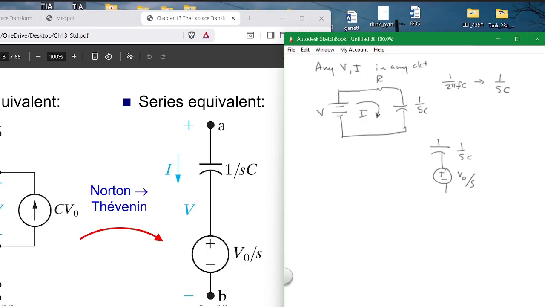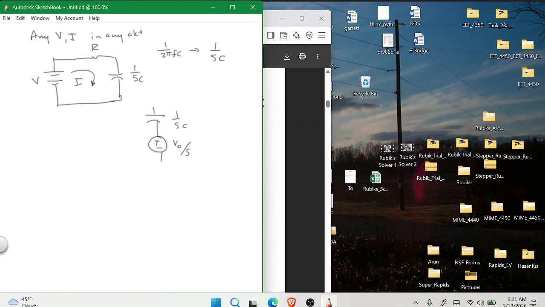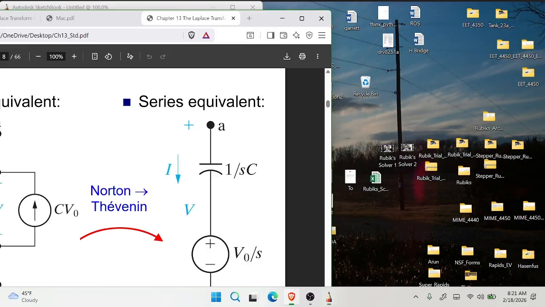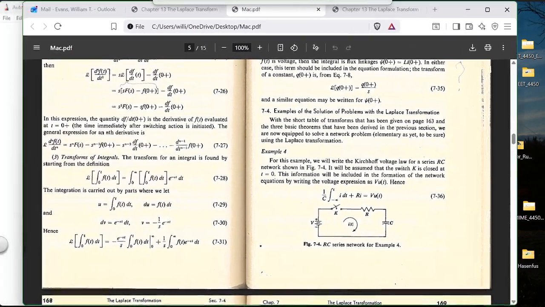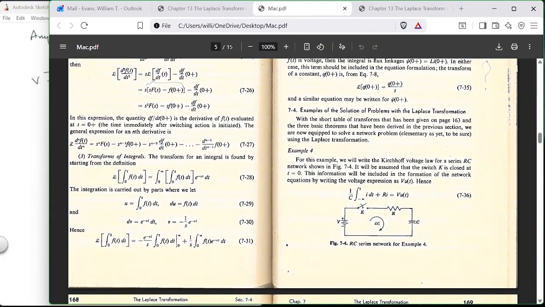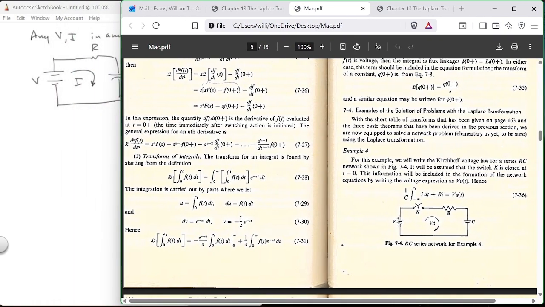If it's not pre-charged, this goes away, all right? So in this case, there is no pre-charge. They basically tell you there's no pre-charging to it.